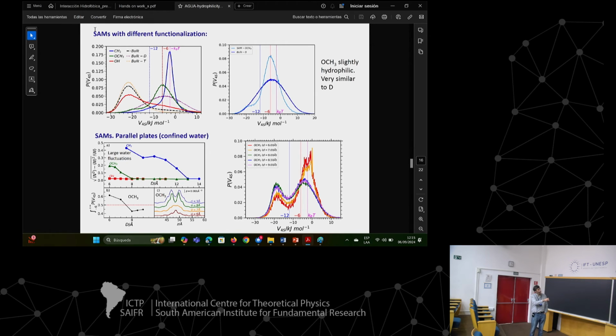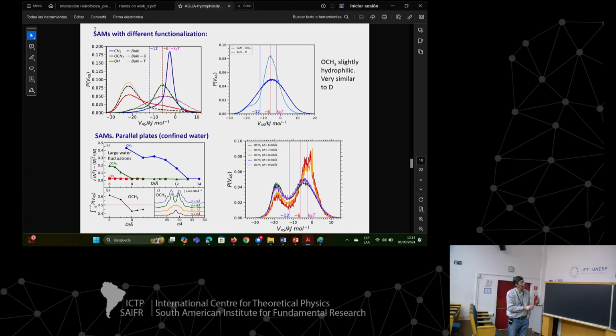It's hydrophilic with a transition to hydrophobic. When do you find this behavior? Here we show the number of layers. At around 8 angstroms you have 2 layers, but when you go to 7 angstroms, you have only 1. So when confinement is very strong, geometries of interaction are spoiled.